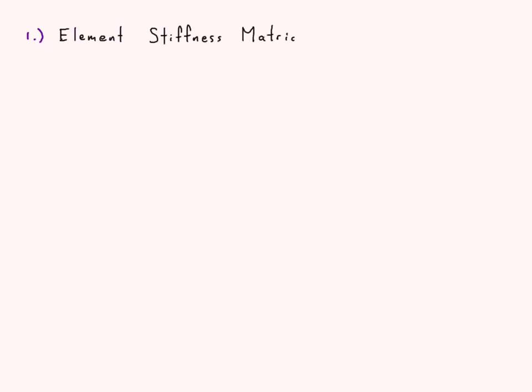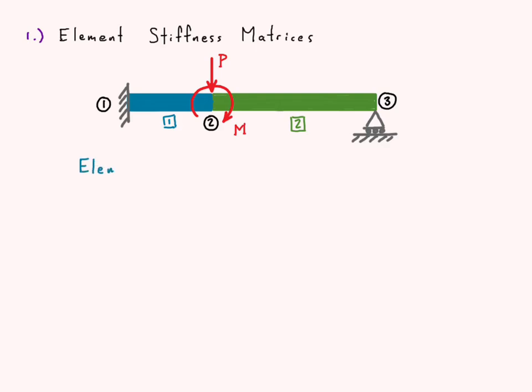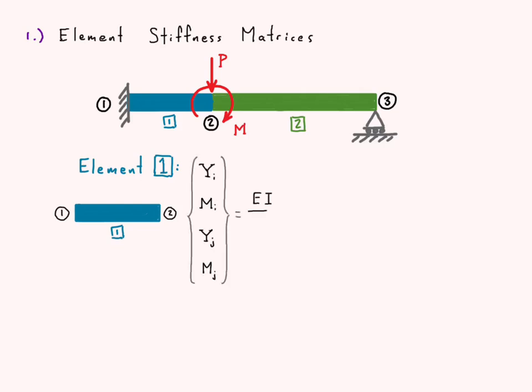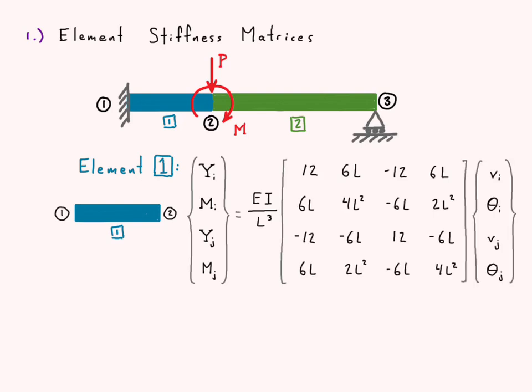All right, still going with elemental stiffness matrices, but this time looking in particular at element 1. We're going to go ahead and use that same elemental stiffness matrix equation that we had on the previous slide here. And we're just going to go ahead and first substitute those i's and j's for 1's and 2's, because those are the nodes that we have on either side of element 1.